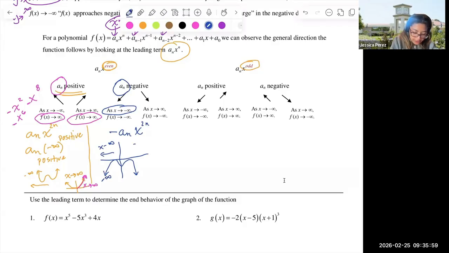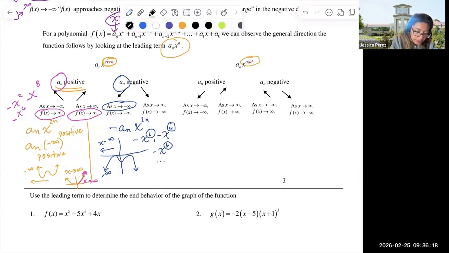So now this is negative x squared, negative x to the 4th, negative x to the 6th, and so on. My power is even, but my leading coefficient is negative. So here I have to focus on what my leading term is. My leading term is negative, so my y value will be negative. If my a sub n is positive, then for an even polynomial, my y value will be positive.